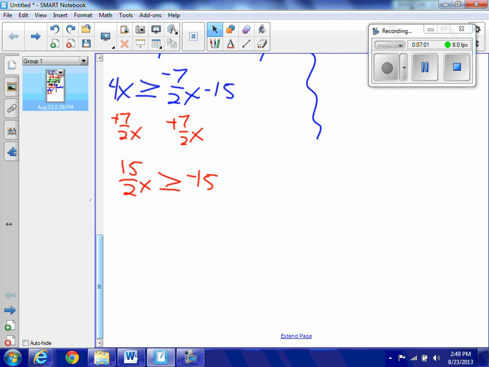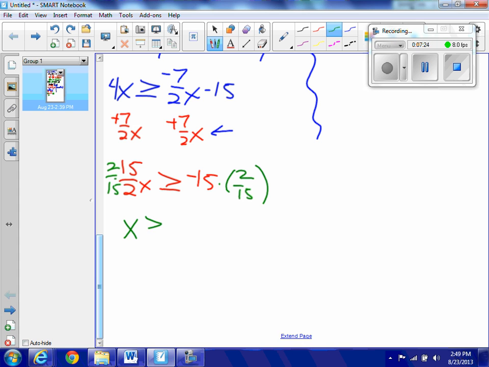Again, if that math is a little bit too quick right up here, then just work it out a little bit more slowly, and I think you'll find I'm right. And then I still want to isolate my x, so I'm going to multiply both sides by 2/15. And this part of the inequality gives me x is greater than or equal to negative 2. Okay, so that I believe is part of my answer.